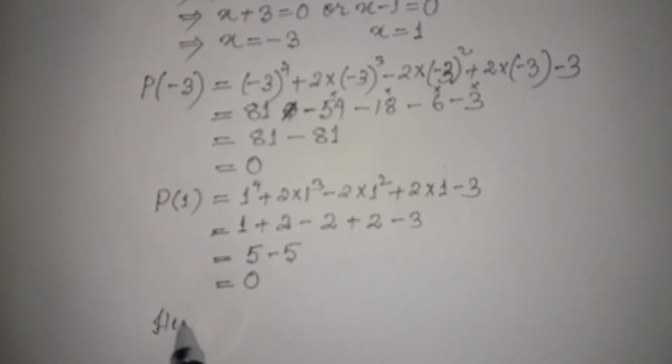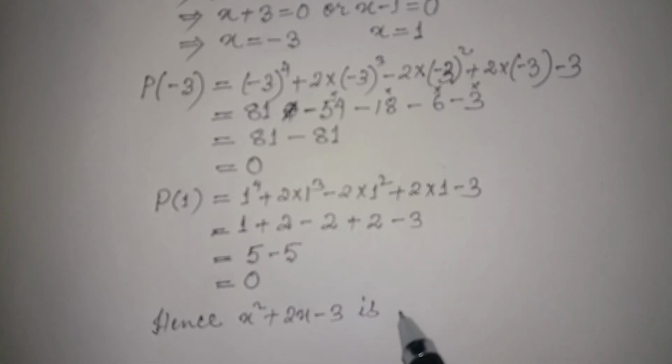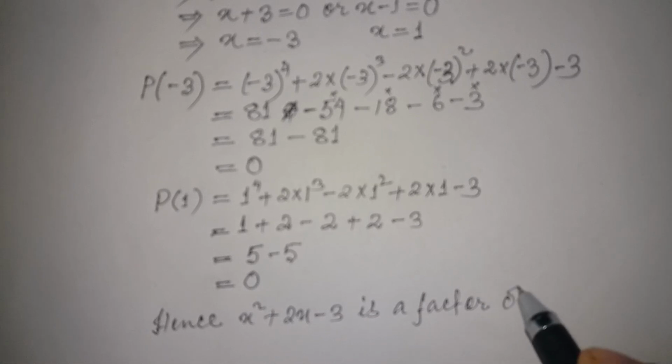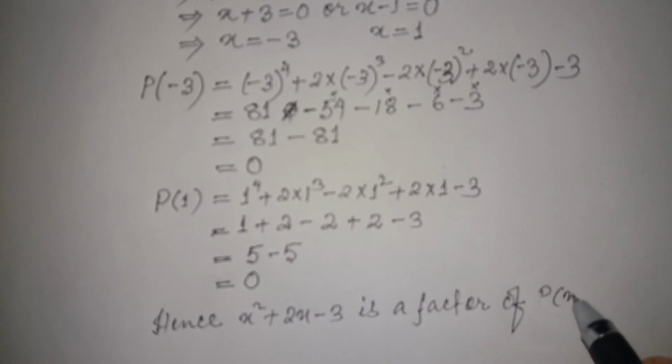Hence x square plus 2x minus 3 is a factor of the given polynomial p(x), that is, the given polynomial is exactly divisible by x square plus 2x minus 3. Hence proved.